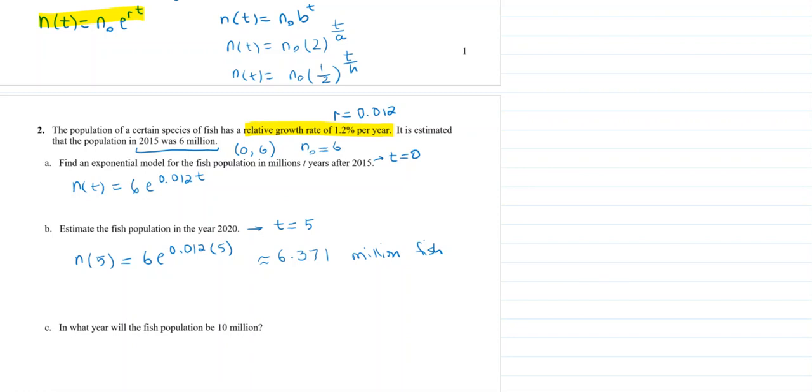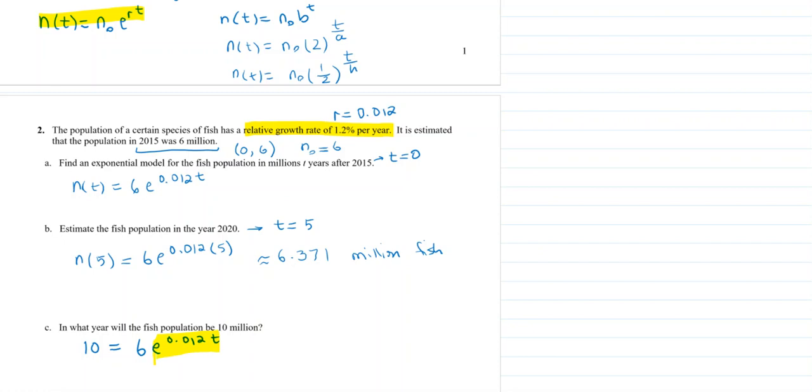The next question asks, in what year will the fish population be 10 million? So now they're not giving us the input, they're giving us the output. So I'll plug it in for N of t, and then we have to solve this equation. It is an exponential equation because t is in the exponent. I will have to isolate that exponential factor.